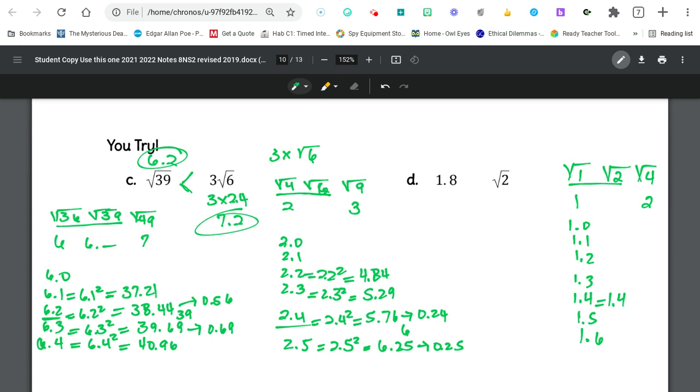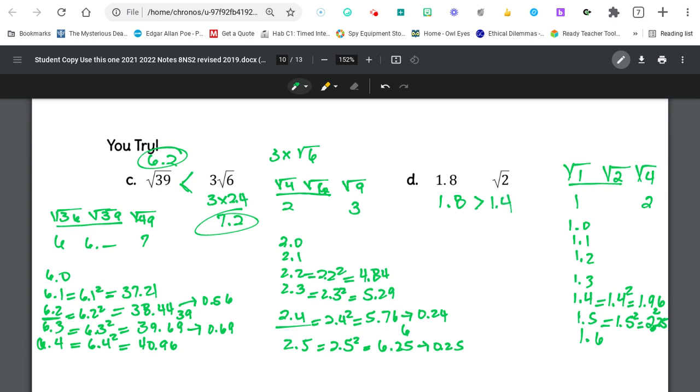So I'll start off with 1.4 squared to see what we get. 1.96, that's really, really close to 2. And I will tell you that this is 2.25. And 2 is in between these two. It's closer to 1.4. 1.8 is greater than 1.4.